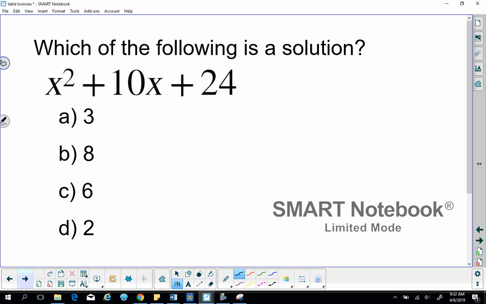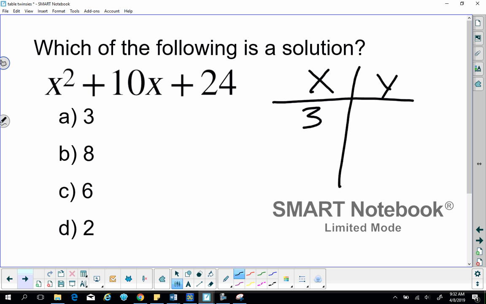Okay. Do we think that these numbers represent x or y values? X values. So when x equals the number, when x equals 3 on your table, what does the y equal? 63.